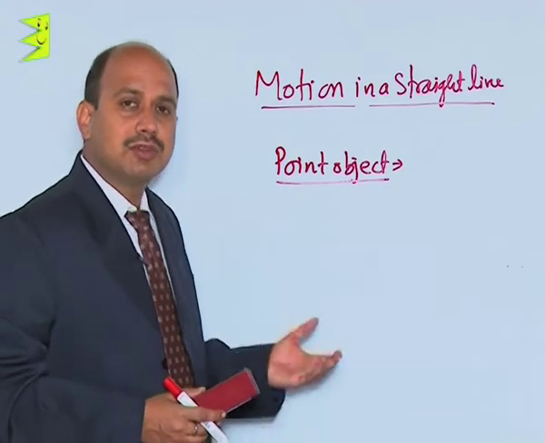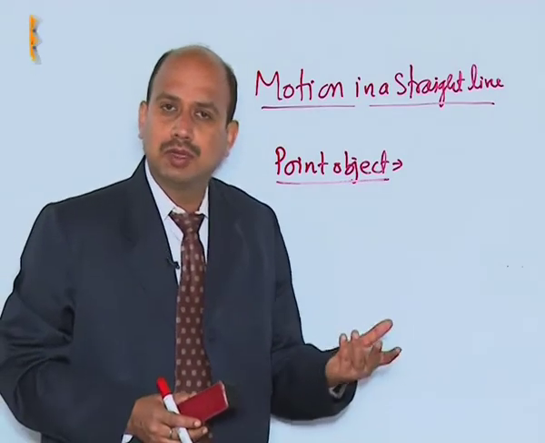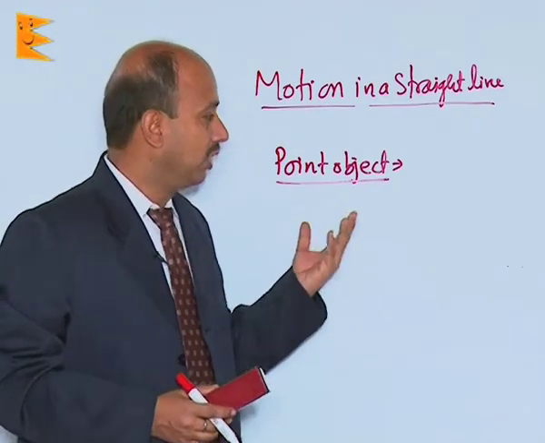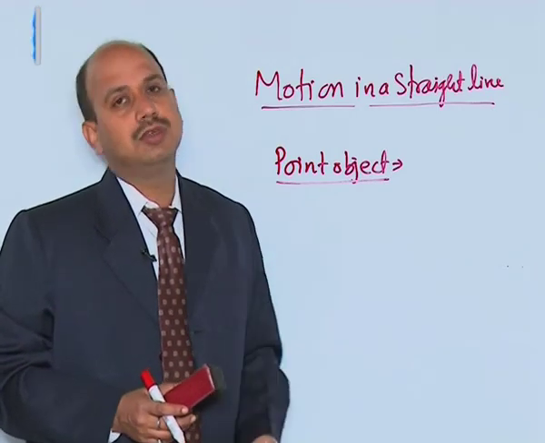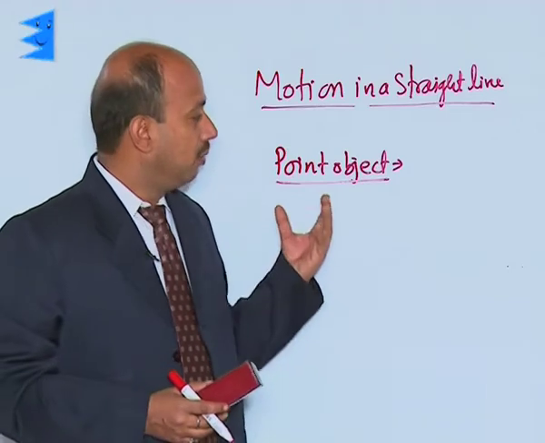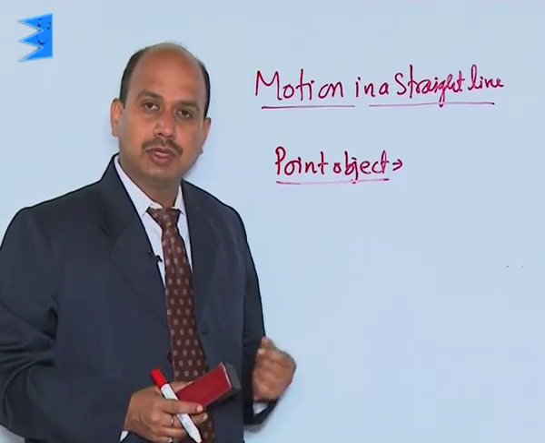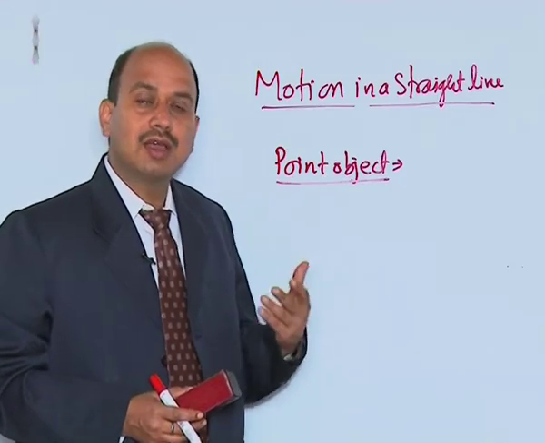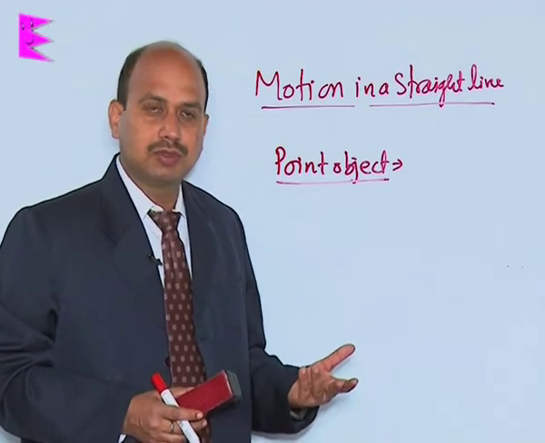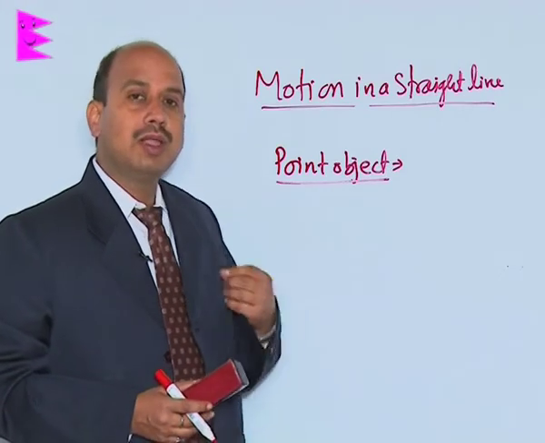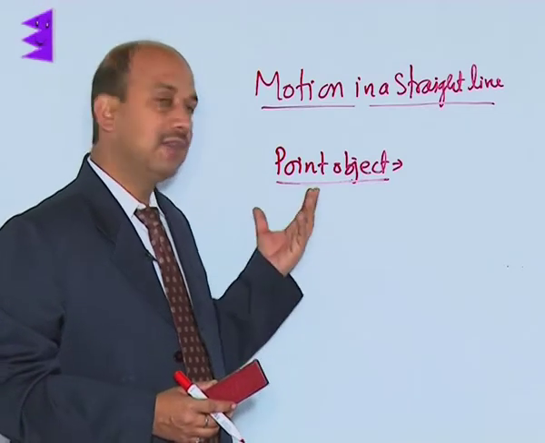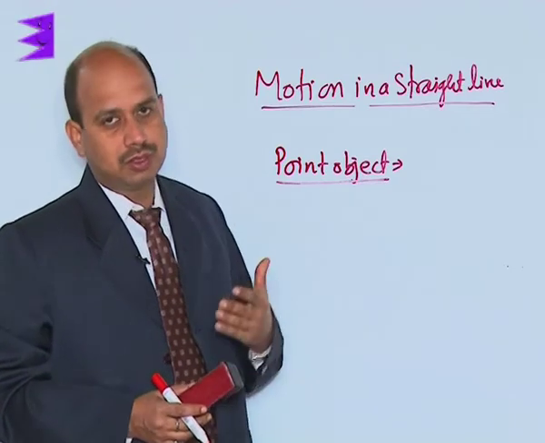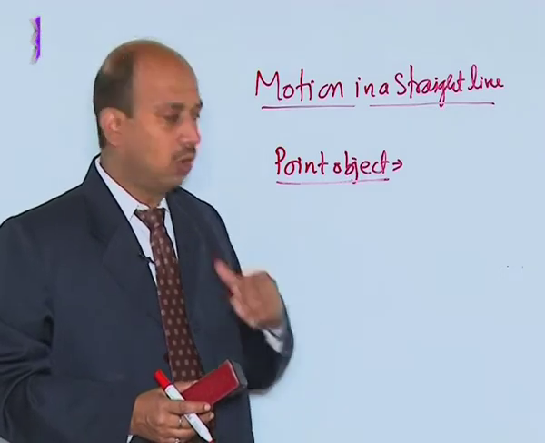If a car is traveling, suppose, 200 km, 300 km, we can say the car is a point sized object. Similarly, if the train is traveling a larger distance, we can consider the train as a point sized object. But in certain cases, a car cannot be considered as a point sized object. So that basically depends on how much distance we are including. So just by seeing the situation, you have to consider whether the object is point sized or not.